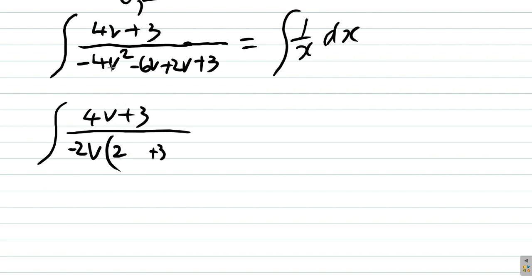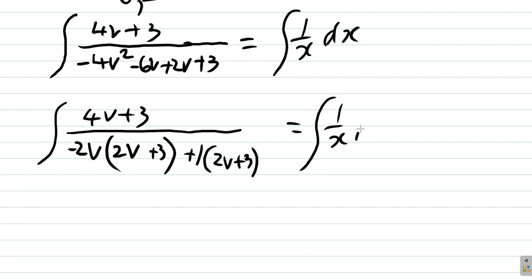But v, let's take out the v. It is 4v, 2v plus 3 here. Alright, we'll factorize these two. And then plus, in this case, you factor out 1 and 2v plus 3 inside the bracket. And that is equal to 1 over x dx.